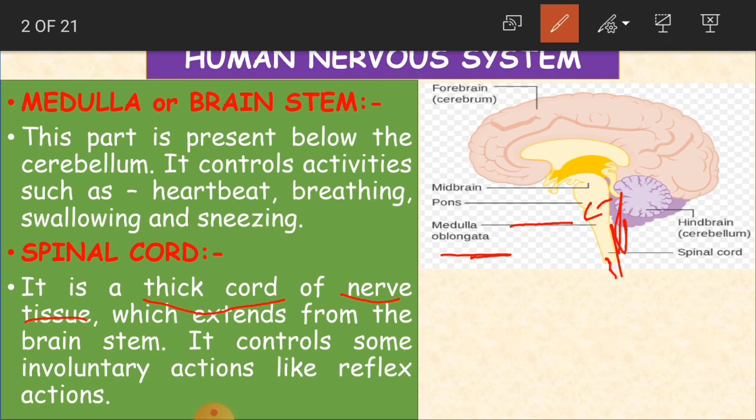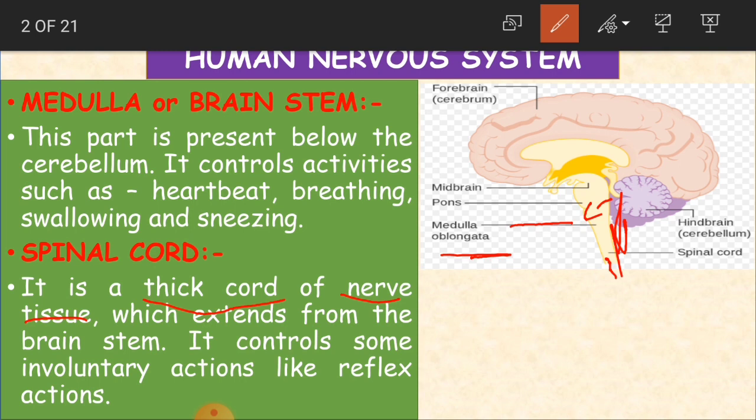And it controls some involuntary actions like reflex actions. So what does it do? It controls some involuntary actions, in the sense that without our notice we perform some actions. For example, if you touch something very hot, immediately you'll take off your hand without knowing.